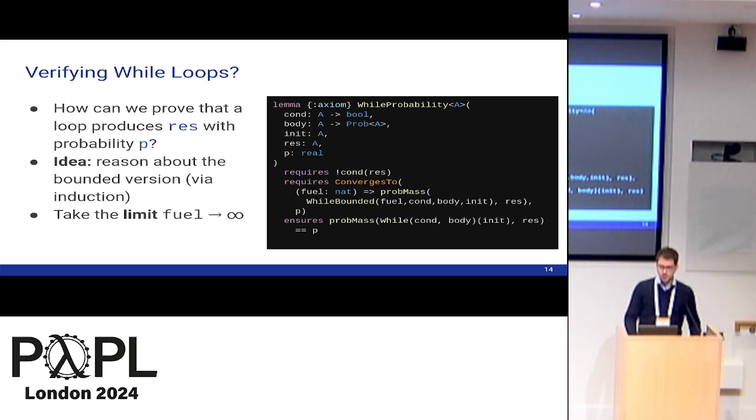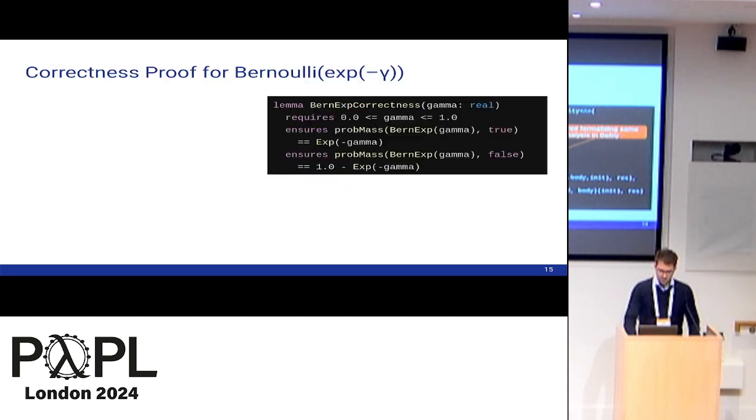And then we look at the sequence of the probability masses of the bounded loop as the fuel increases. And if that converges to p, then this lemma tells us that the probability mass of the unbounded loop for yielding the result is also p. And this required formalizing some real analysis in Dafny', for example, limits.